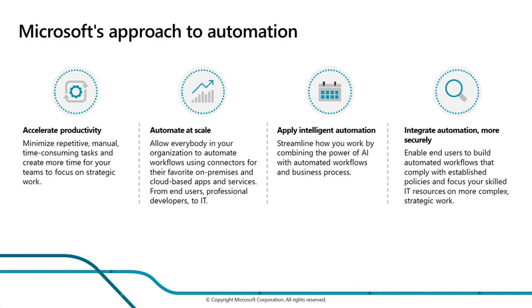And do not start with too complex automation at first. If you have never experimented with automating things in Power Automate, please start with simple processes that minimize repetitive, manual, time-consuming tasks first, to give you more time to focus on strategic workflows in the future.